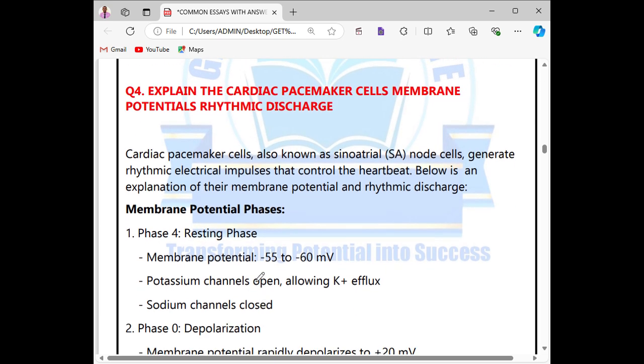So, question 4 is saying explain the cardiac pacemaker cells membrane potentials, rhythmic discharge. So this question is coming from which topic?